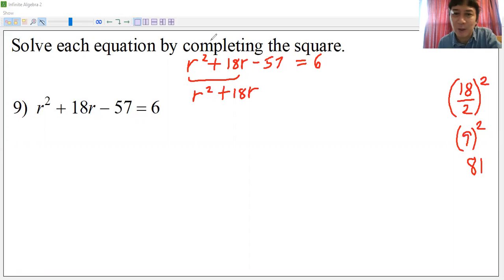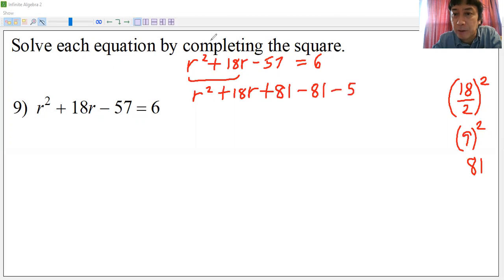Make sure you're adding nothing. Okay, all right. If you add 81, you subtract 81. That means we added 0. Okay, so we did not change the problem. All right. Okay, after doing that, it follows we continue with a negative 57. Okay, you have that minus 57 there.